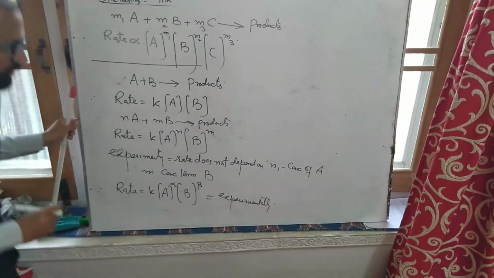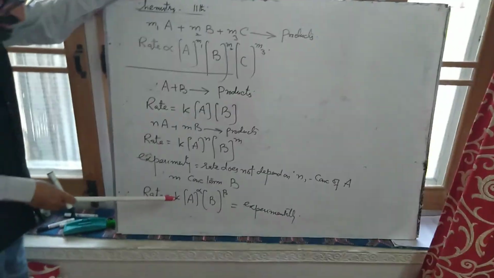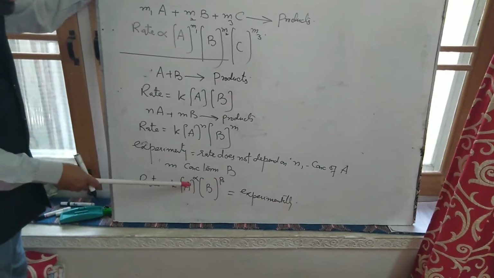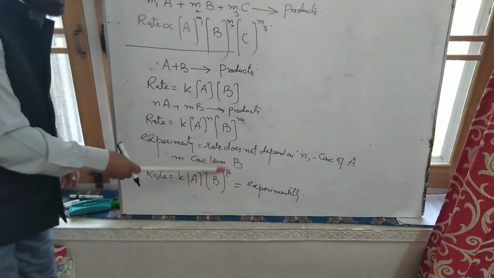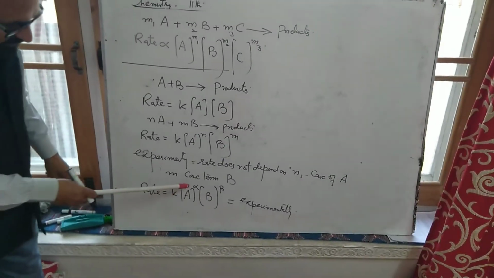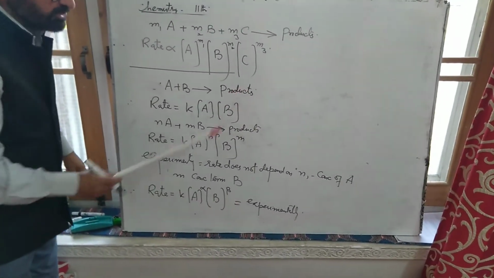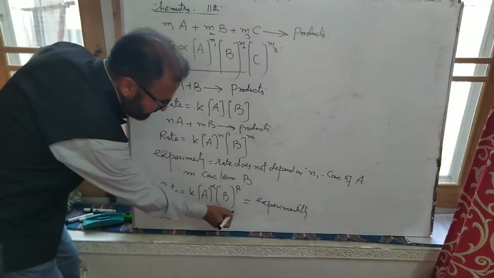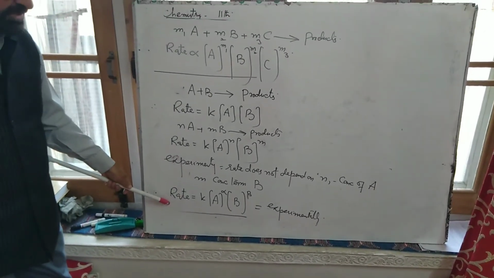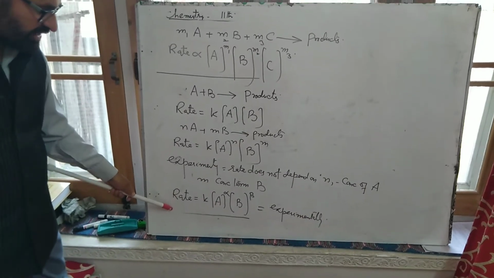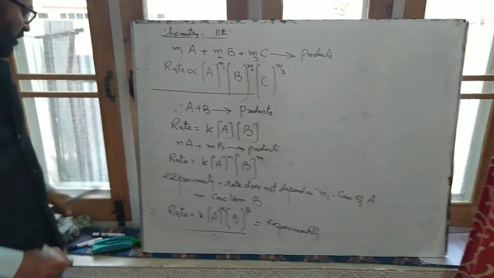That means in order to find the actual dependence of the reaction rate, we have to carry out experiments to find on which concentration term it depends. So alpha and beta have been determined experimentally. This is called the rate law expression. This equation which I have shown here is the rate law expression.